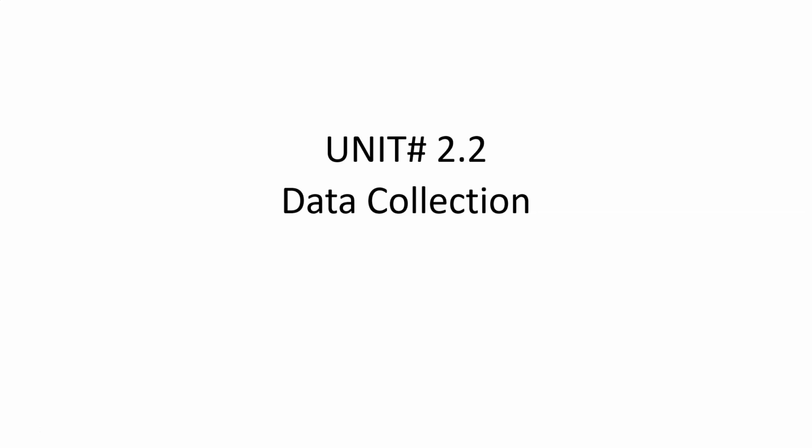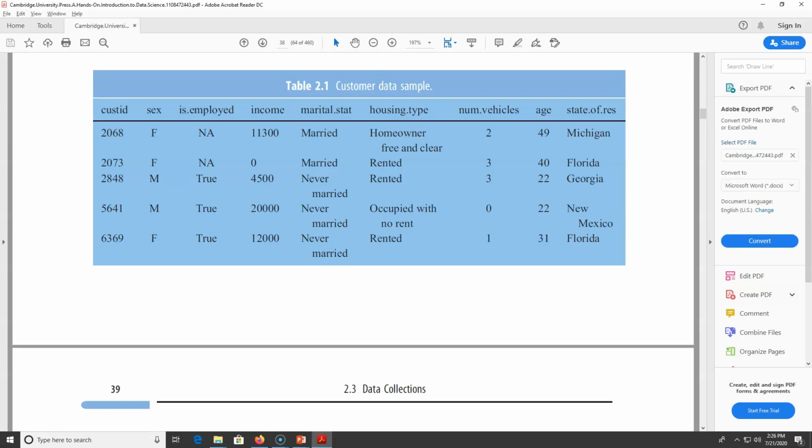For example, if I open over here, this is a tabular or table structure in which you have 9 columns, 1 2 3 4 5 6 7 8 9. One column is customer ID having numeric values, another is sex, with character values, either male or female, another is employed, with true, false or not applicable, then income, numeric, and so on.